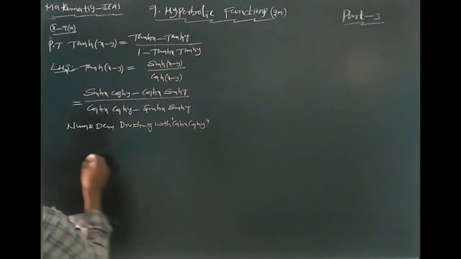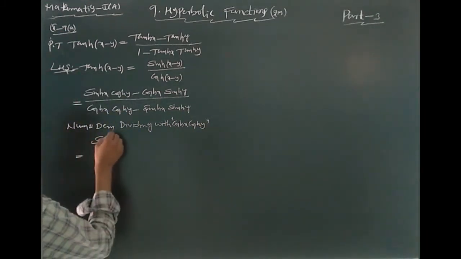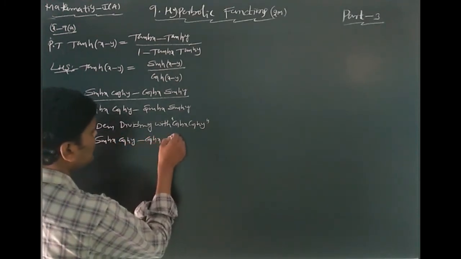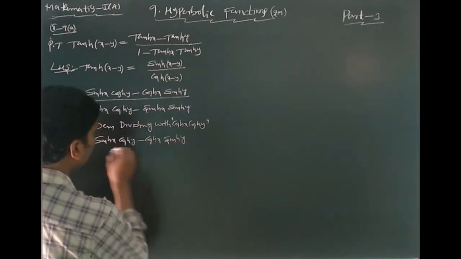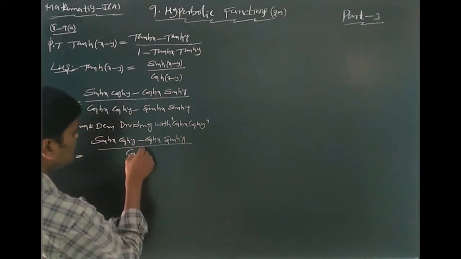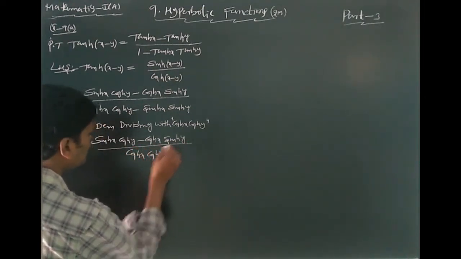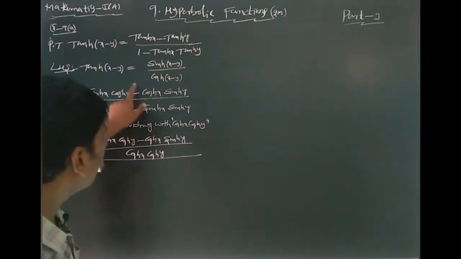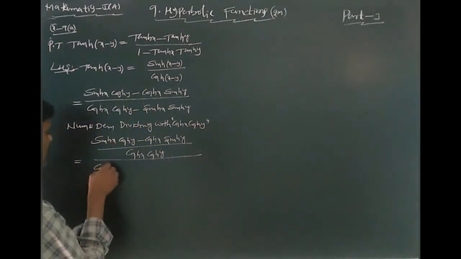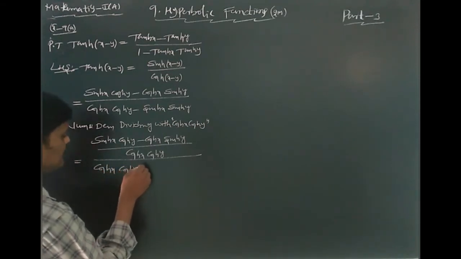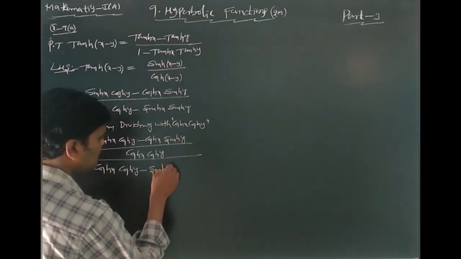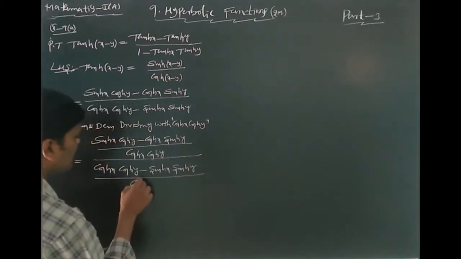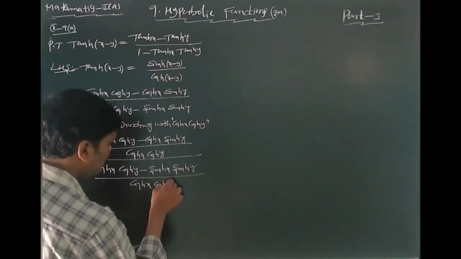You get, friends: sinh x into cosh y minus cosh x into sinh y, whole by cosh x into cosh y, the numerator divided by cosh x into cosh y. Similarly the denominator: cosh x into cosh y minus sinh x into sinh y, whole by cosh x into cosh y.